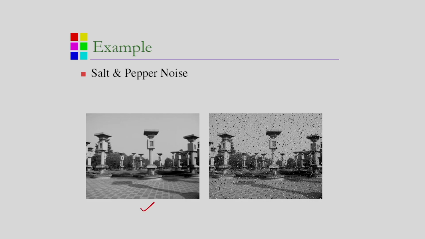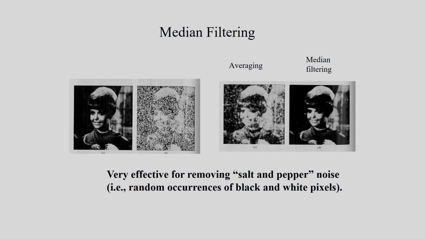So my input image is this, and I am considering the salt and pepper noise. In the first case I am applying the averaging operation, and in the second case I am applying the median filtering operation. You can see the difference between the averaging operation and the median filtering operation.